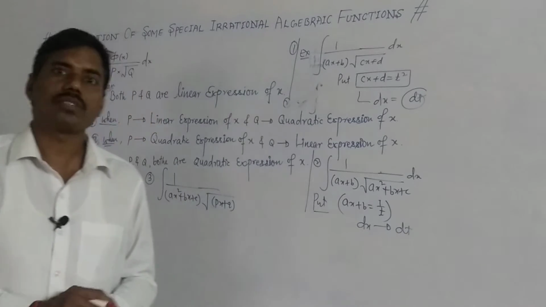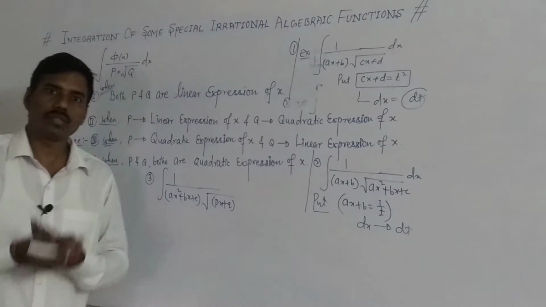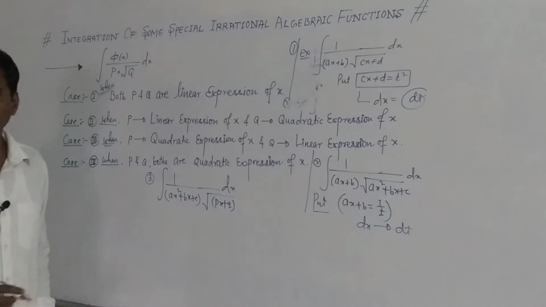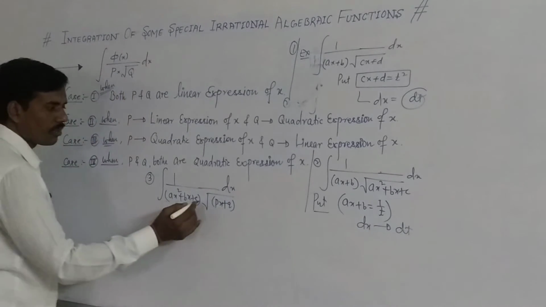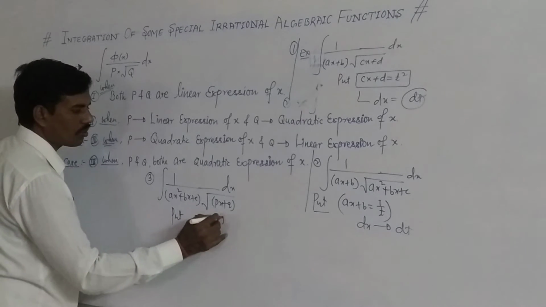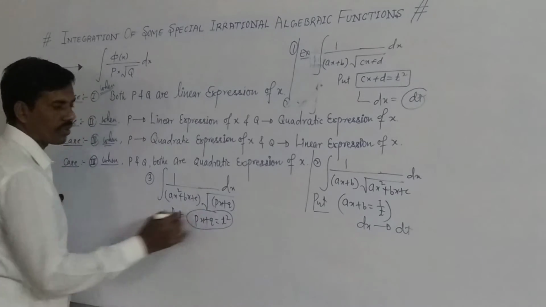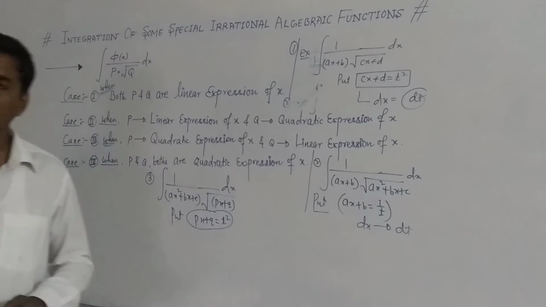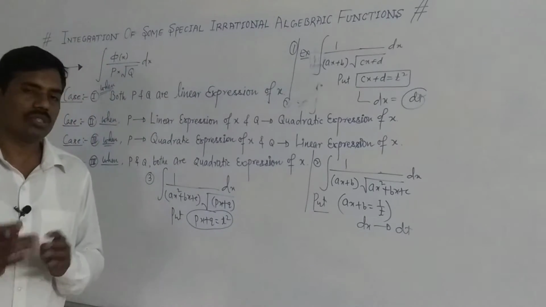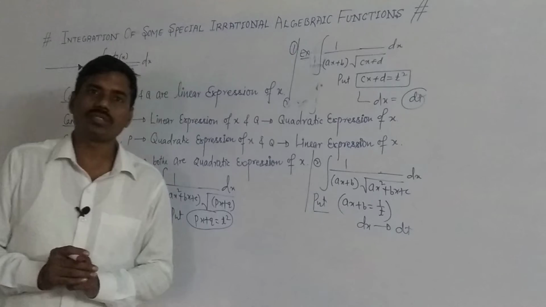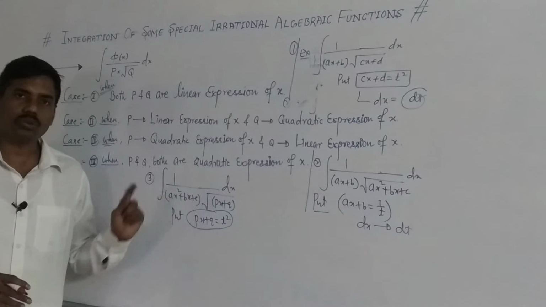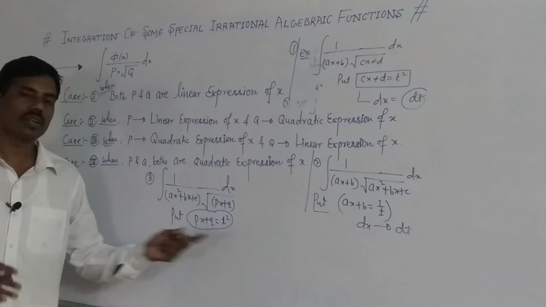So what is the substitution? What do we have to substitute to find the integral of this type of integration? Then we have to put px plus q is equal to t square. Px plus q is equal to t square means the linear expression which is present in the radicand, under the root, is replaced by t square.